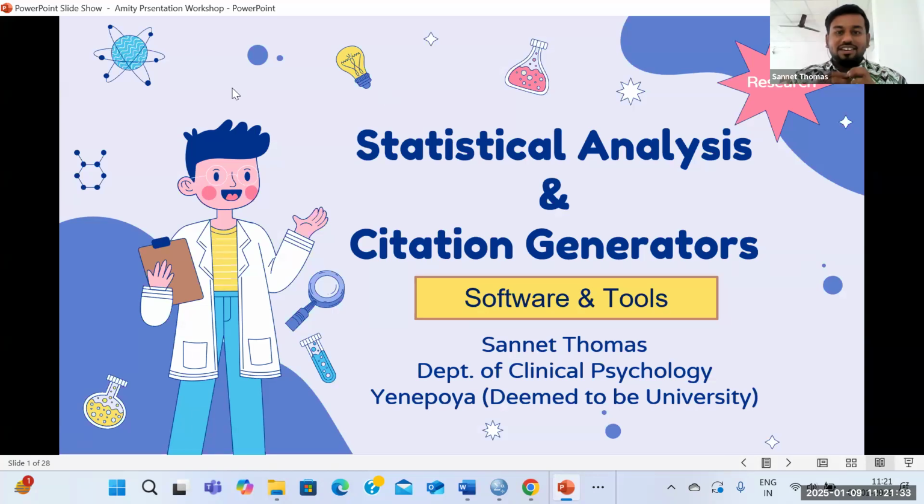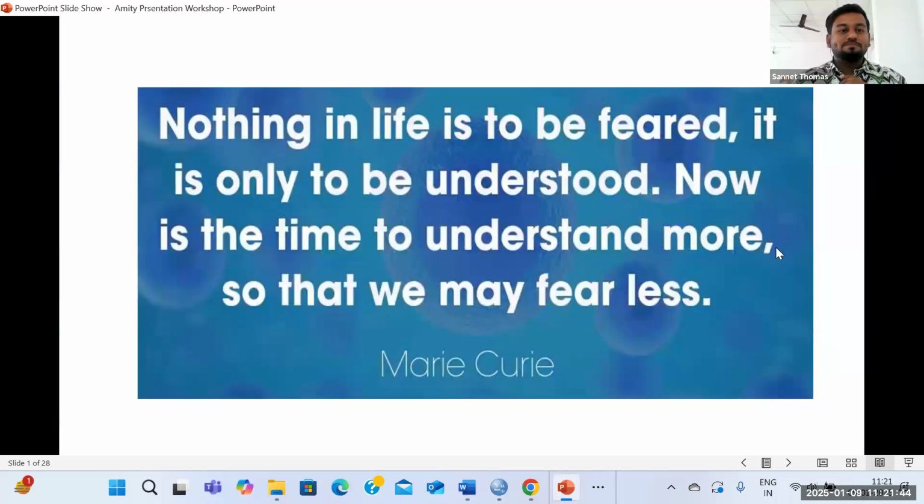The topic today we have selected is statistical analysis and citation generation; especially we will discuss the software and tools. Recently, AI has taken over research, and when we discuss research, AI has played a vital role.